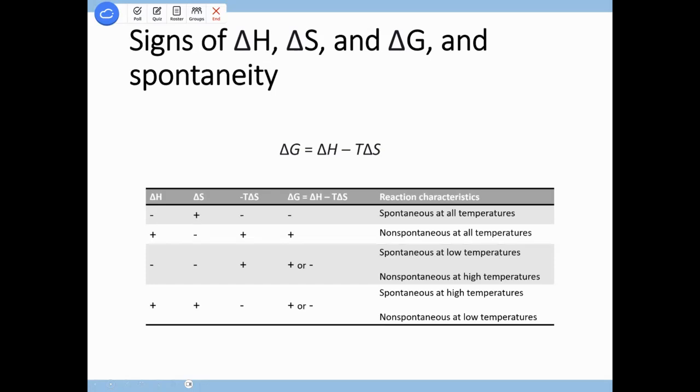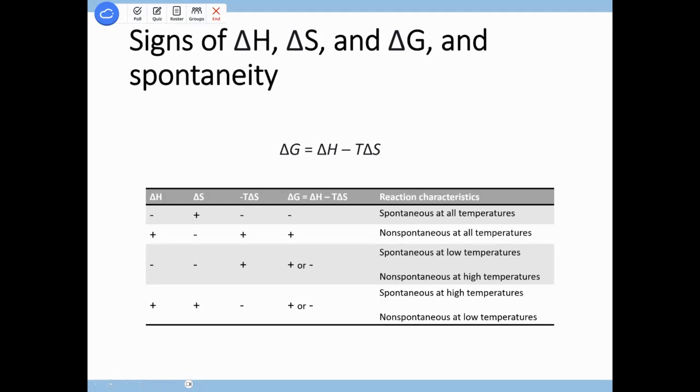Then if we have both negative or both positive, it depends on if we have a low temperature or a high temperature whether that reaction is spontaneous or not. So temperature will affect if a reaction is spontaneous, if it has negative delta H and negative delta S, or positive delta H, positive delta S. So let's think conceptually about this. Negative delta H, so that's good.